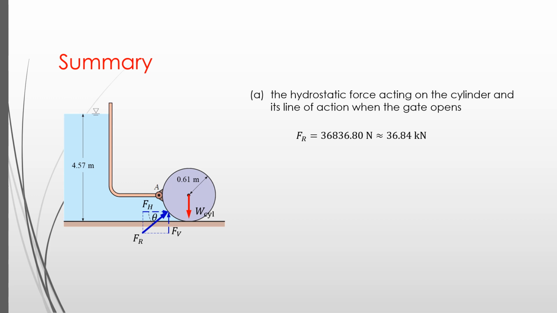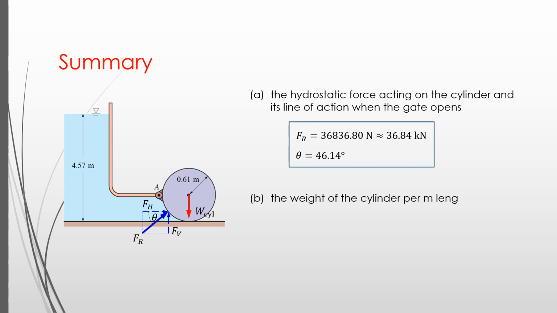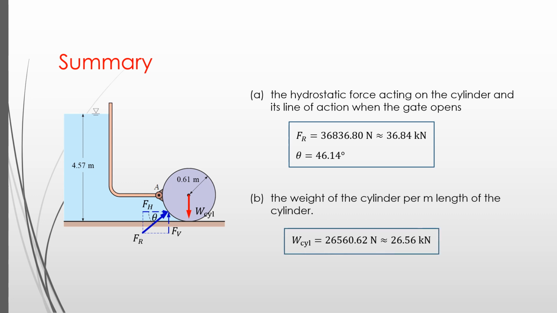Its line of action forms an angle of 46.14 degrees with the horizontal. The second question is about the weight of the cylinder per meter length of the cylinder. We obtain the weight of the cylinder equals 26,560.62 Newton or 26.56 kilonewton. With this, we solve the problem.